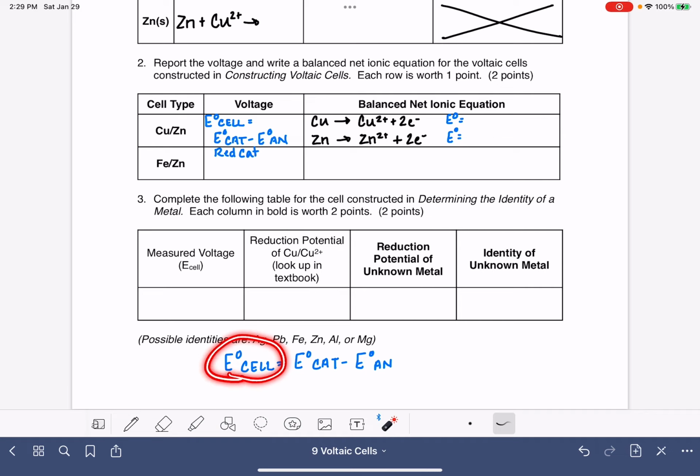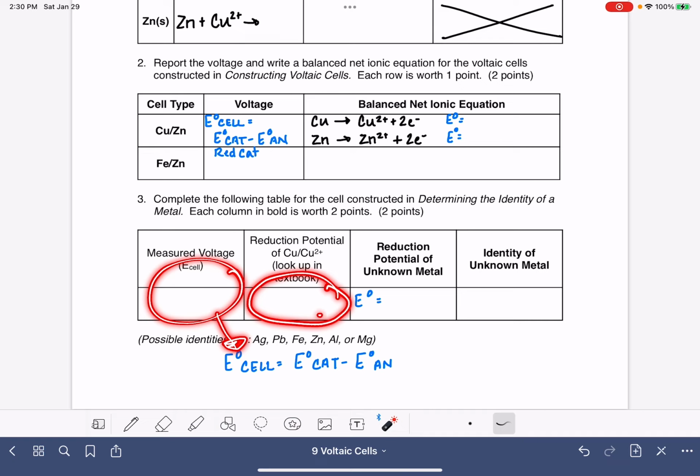So you're going to plug in your value of E cell, and let's just say plug in copper as the cathode and come up with a potential value for the anode, and then just make a note of that over on the side. I'm just going to write it as E, not as a cathode or as an anode. And then you'll try it the other way. So you'll plug in your voltage as E cell.